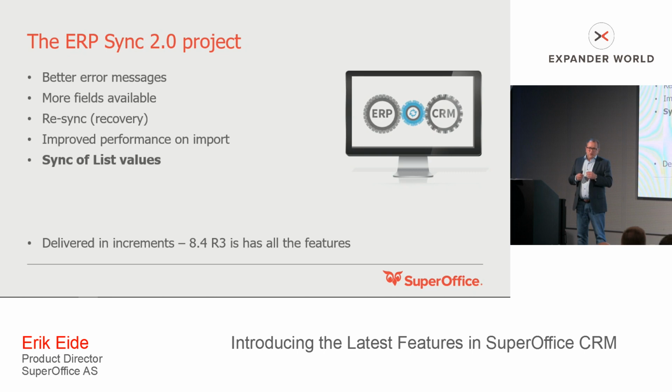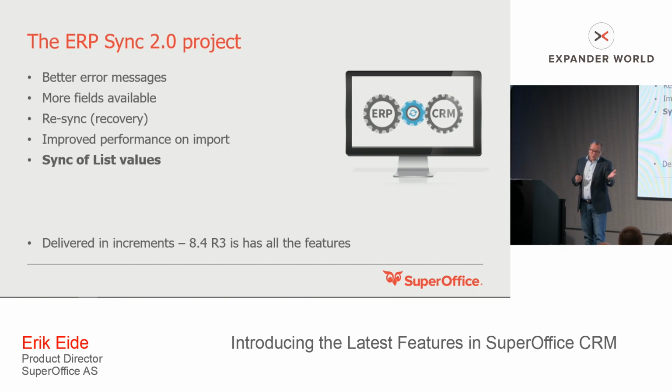We have a new resync feature that's basically a panic button: recover, resync everything because someone restored a backup in some way, so reconnect everything. We have improved the performance on import, because the first time you import 10,000 customers from your ERP system, it's good that it takes half the time it used to.